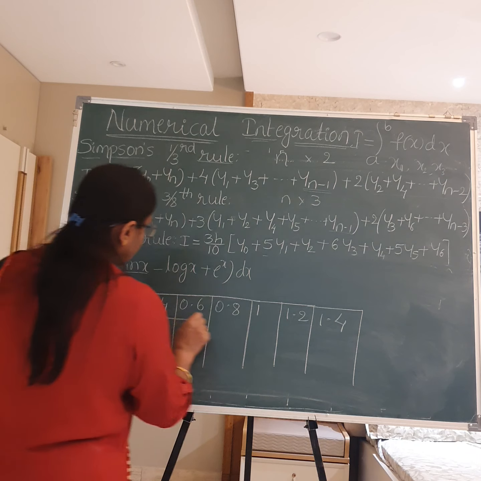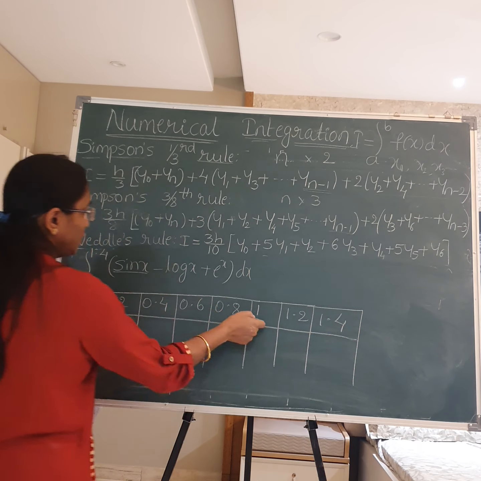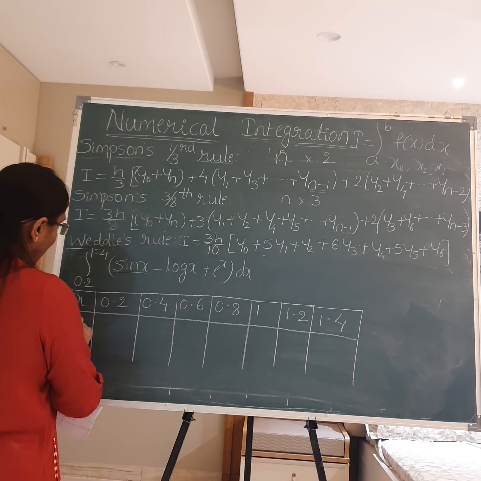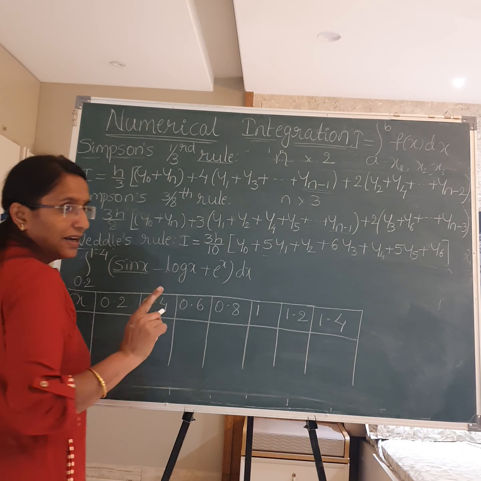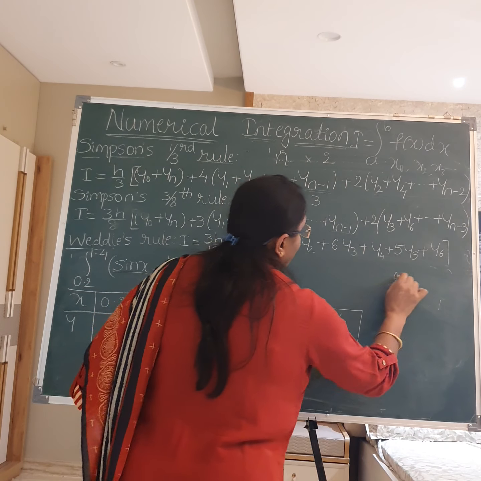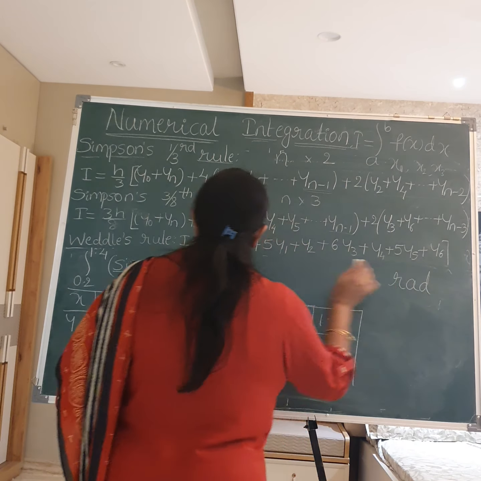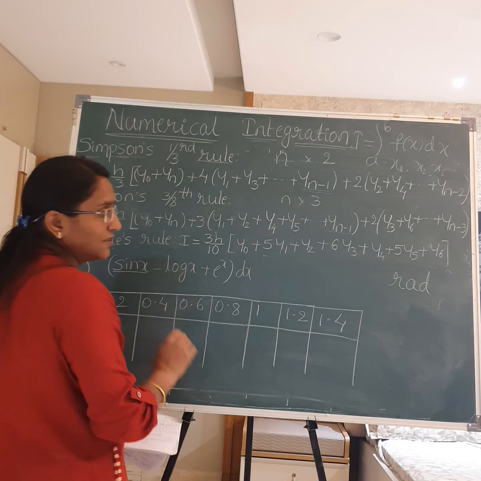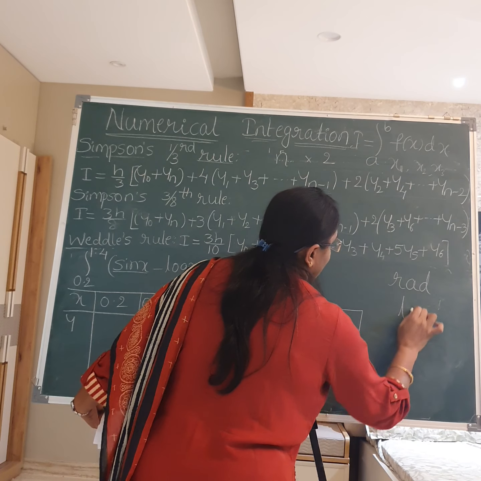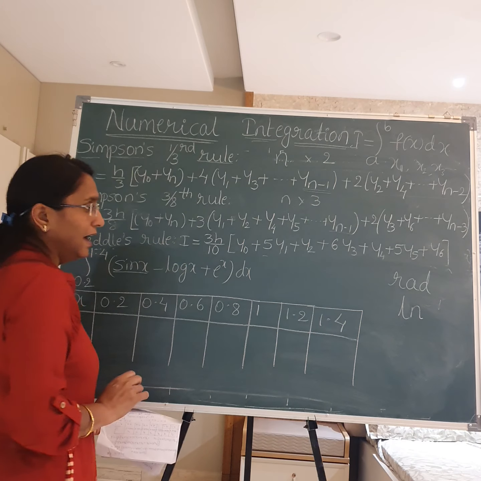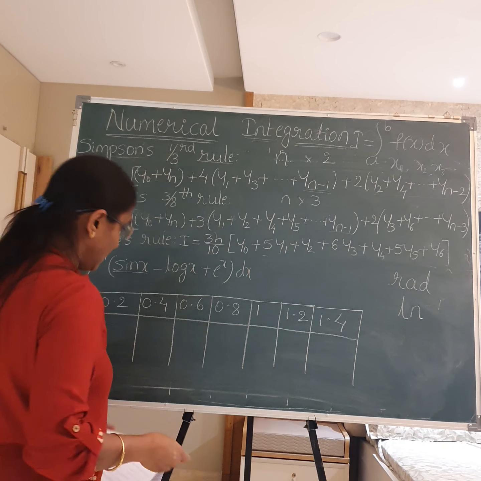Then n is equal to 6 means there should be 7 y values. So keep your calc in radian mode, that is important. And the base of the log is not given, so take ln and evaluate these values.